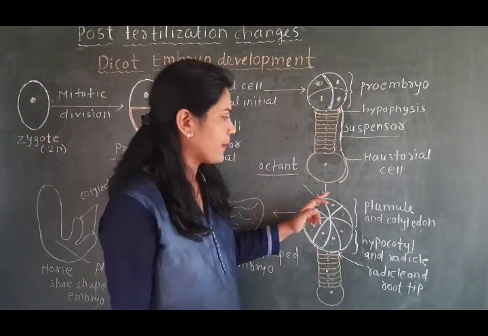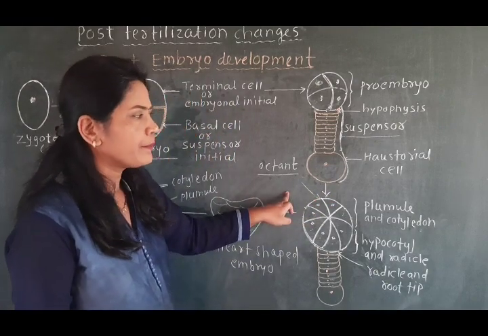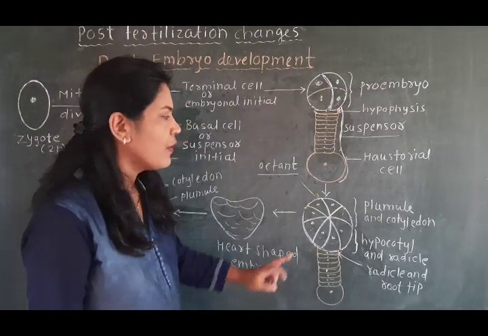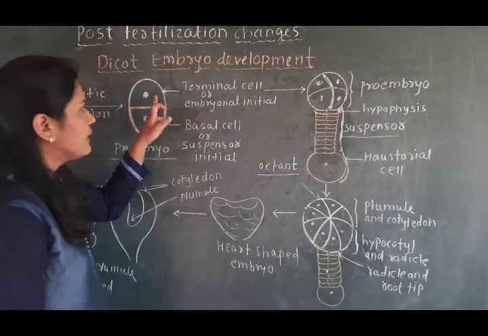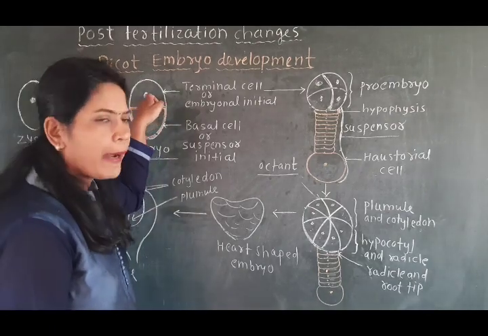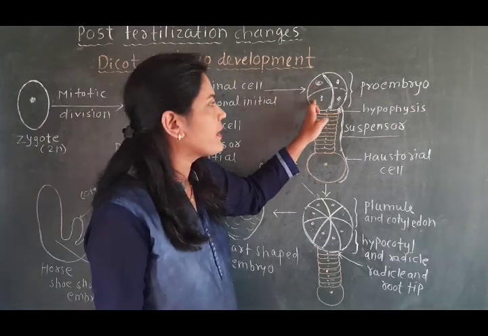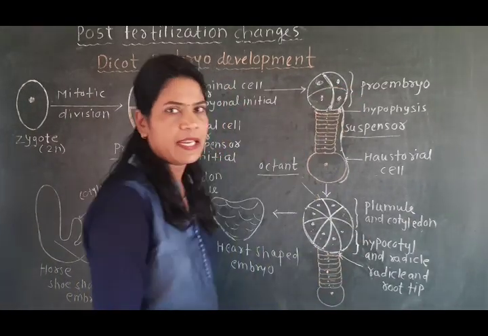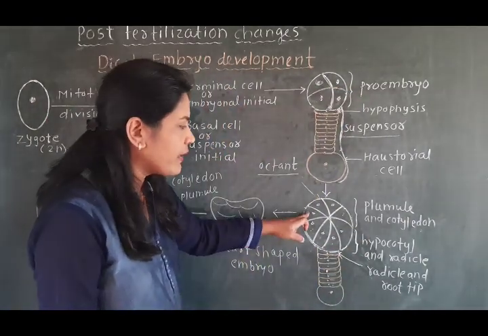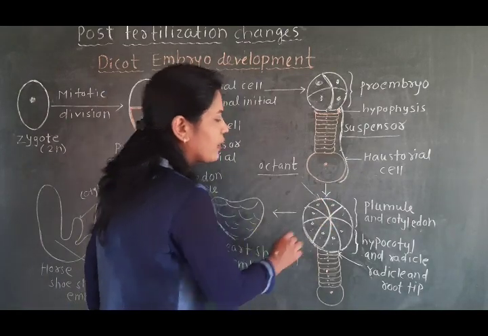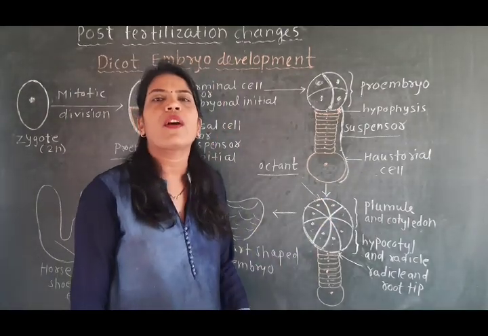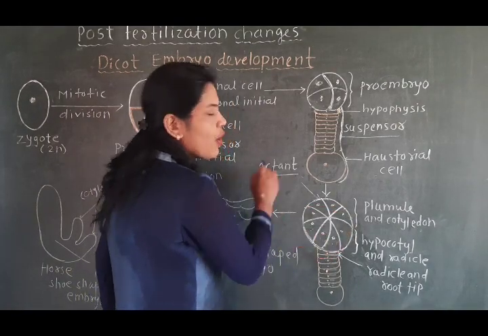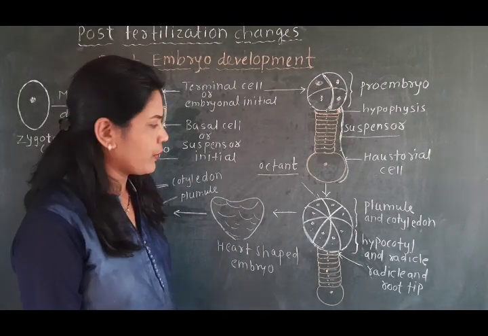Then what happens next? See, this is the next figure after the four-cell stage of the proembryo and the suspensor. As I told you, the terminal cell undergoes 3 mitotic divisions. Two mitotic divisions occur here, resulting in the formation of 4 cells, and the third mitotic division results in the formation of 8 cells, and these 8 cells we call the octant stage of the embryo.